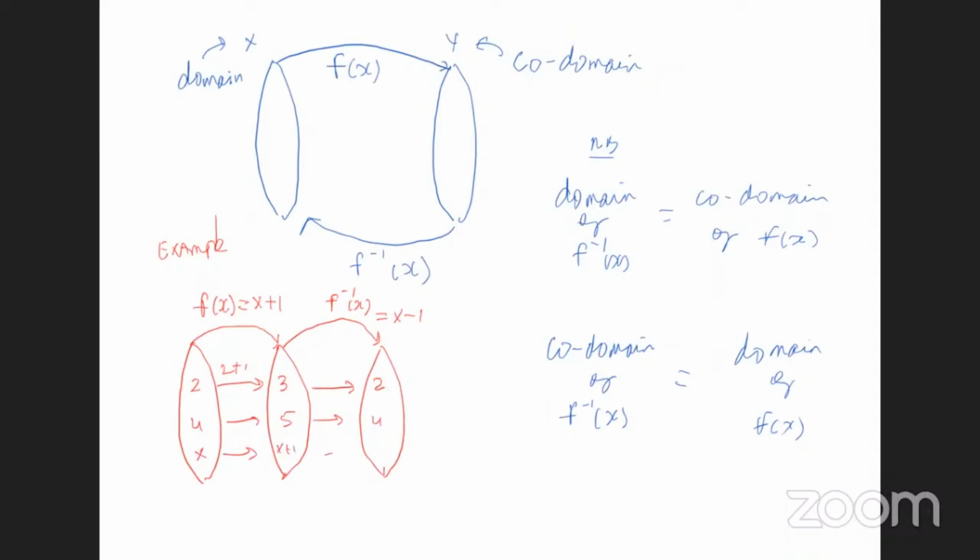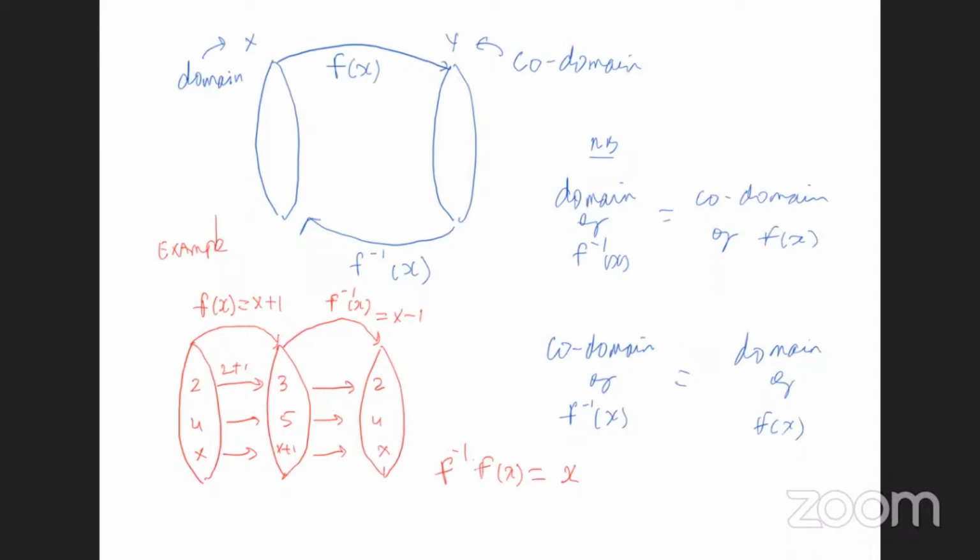So x plus 1 is mapped to what? x. That's okay? x plus 1 minus 1 gives back x. So what is f inverse of f of x? Every time you find f inverse of f of x, you're getting back x, what you originally had.